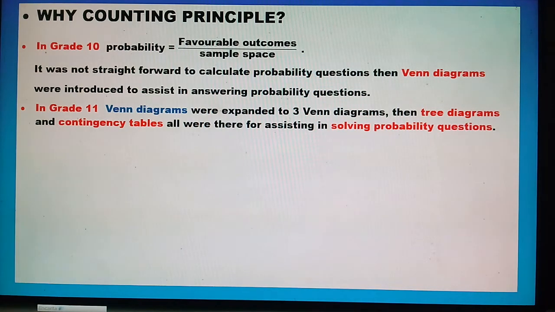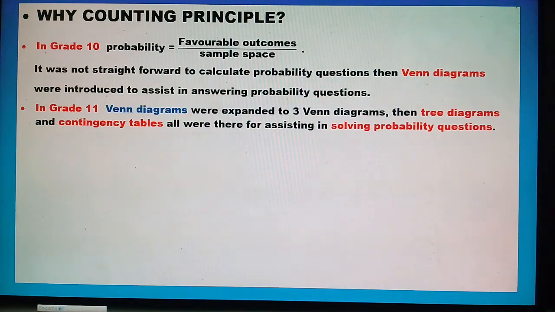Remember, in Grade 10 we have Venn diagrams. In Grade 11 you also have Venn diagrams, but now expanded to 3 Venn diagrams, and tree diagrams and contingency tables were also introduced, because it is not straightforward to solve these questions.